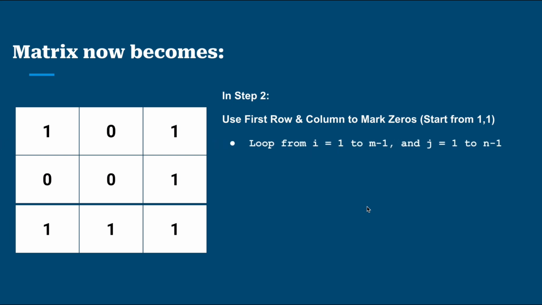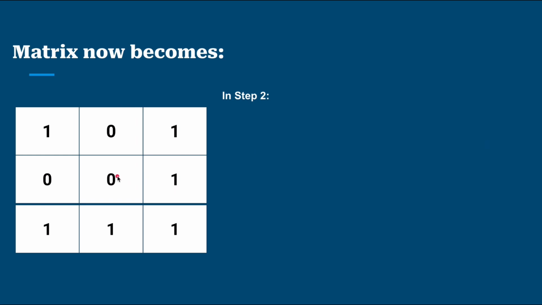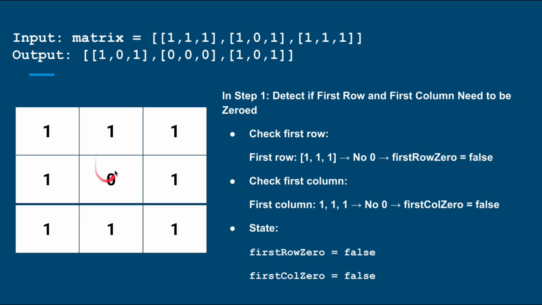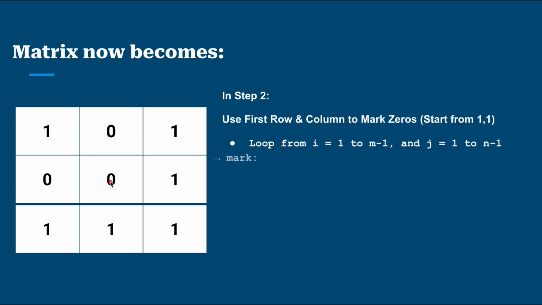So we have to loop from i equals 1 to m minus 1 and j equals 1 to n minus 1, because if you remember, the 0 was at 1,1. So from 1,1 we have two loops, traversing all the rows and columns.